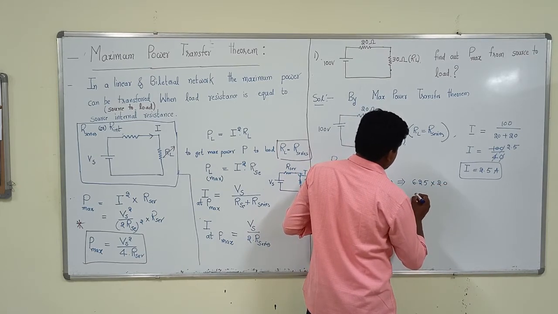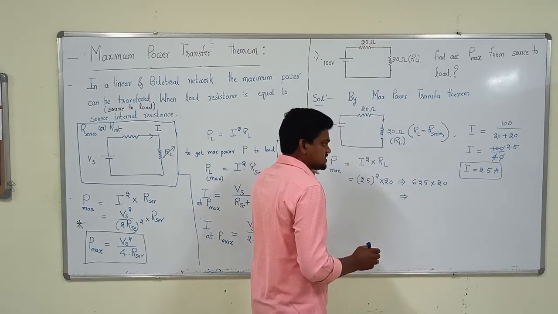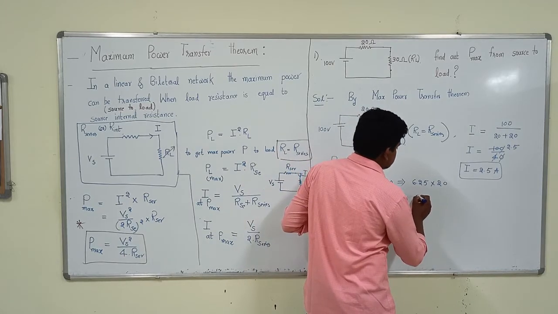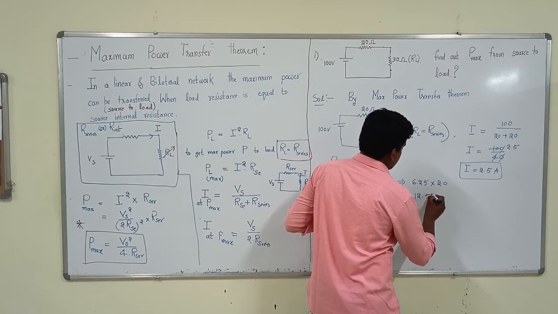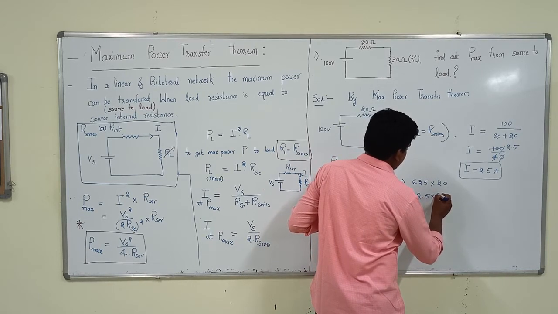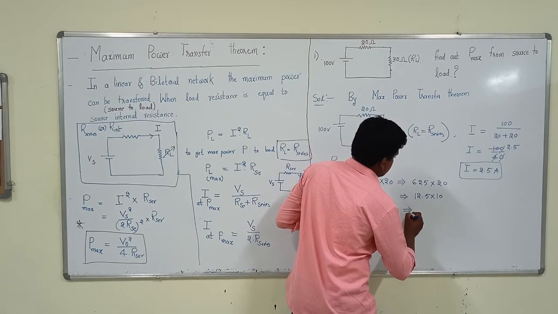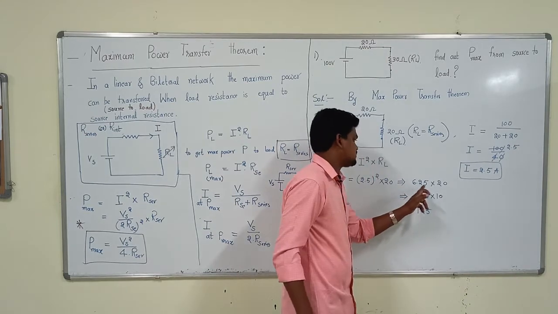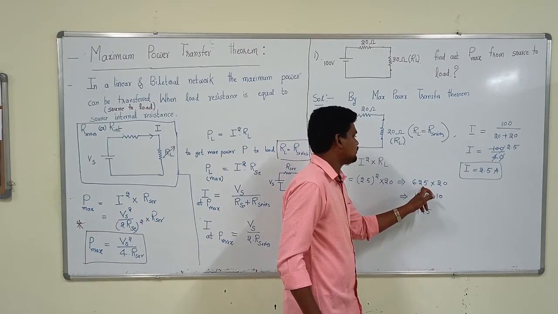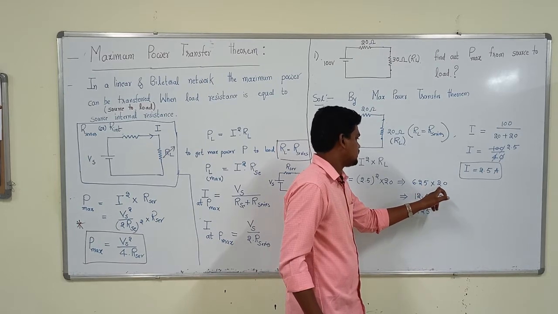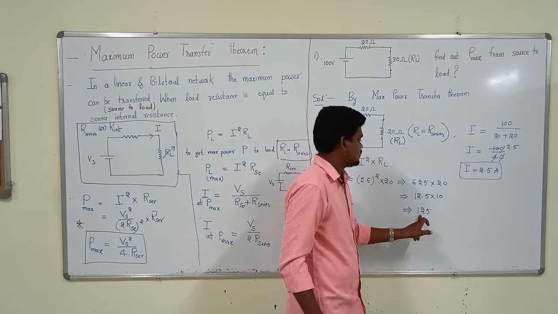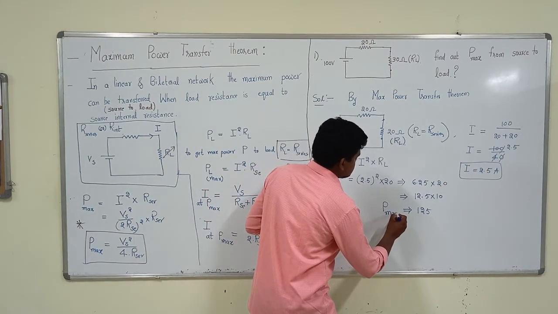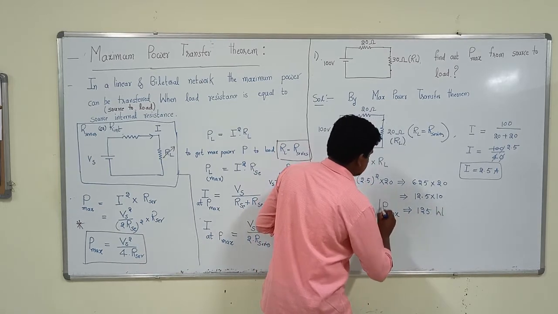How is it 125? 6 times 20 is 120, and 0.25 into 20 is 5. 120 plus 5 is 125. Right? This is 125 watts.